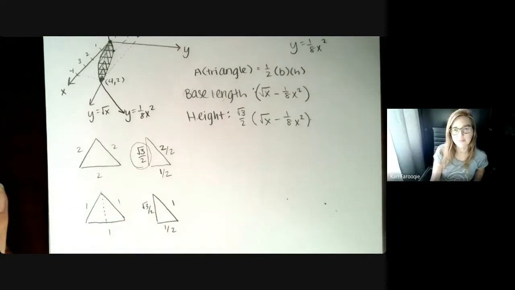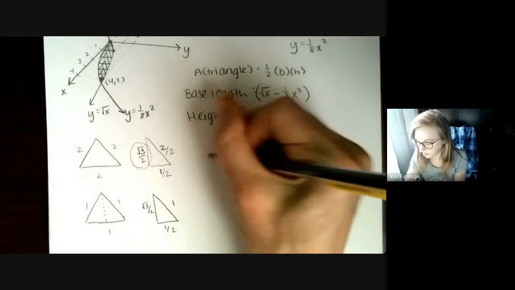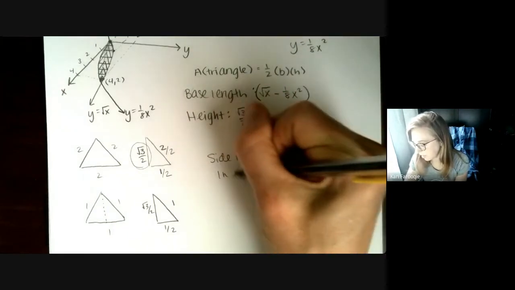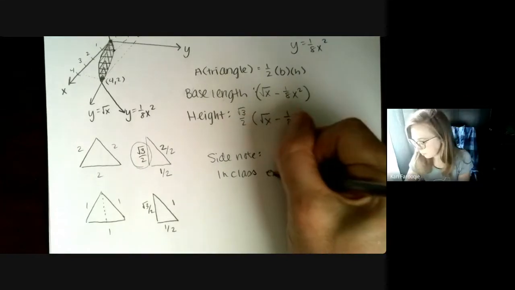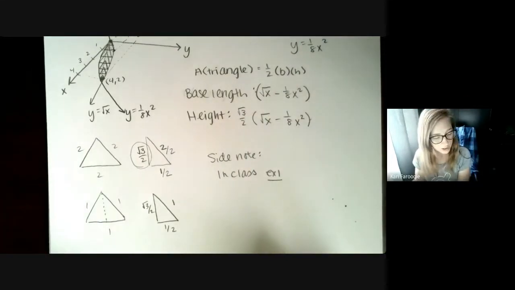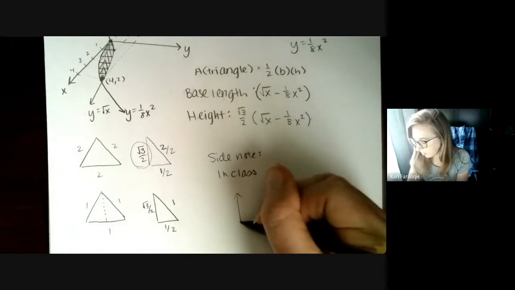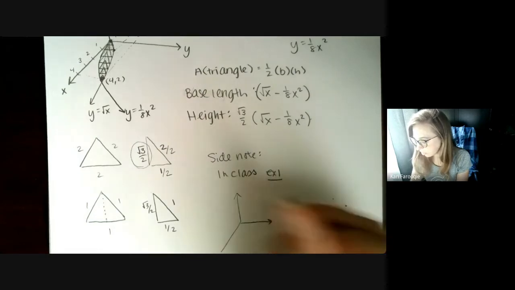And I think it might make the most sense if we compare it to what we did in class. So let's do a side note. In class, I did example 1. You can look back at your notes for this, but I'll try to make this look decent.